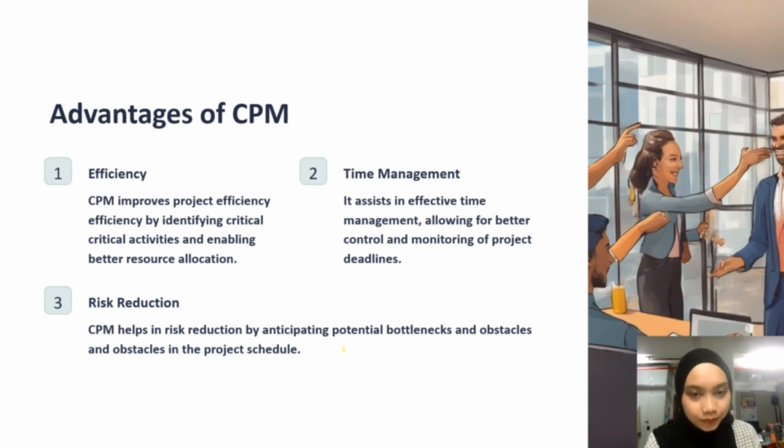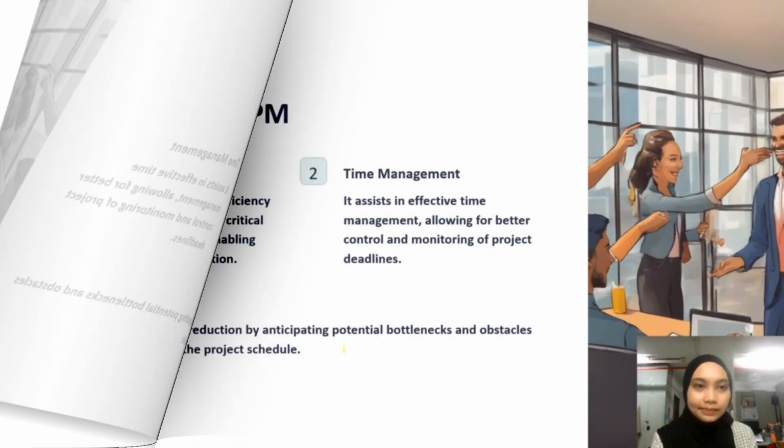For the time management, it assists in effective time management, allowing for better control and monitoring of project deadlines. And the last one, for the risk reduction, CPM, critical path method, helps in risk reduction by anticipating potential bottlenecks and obstacles in the project schedule.